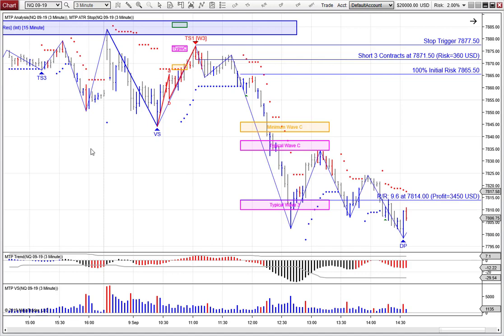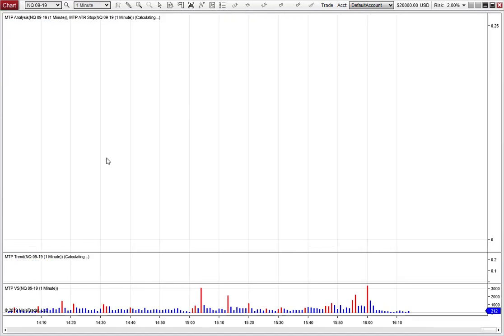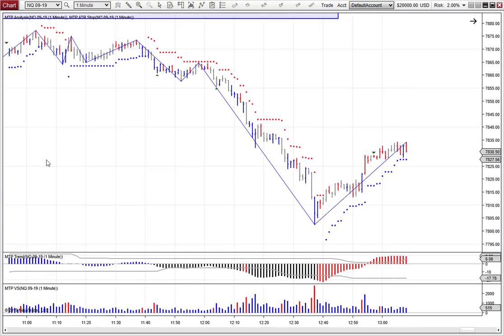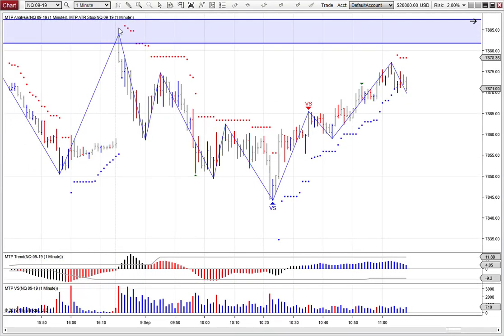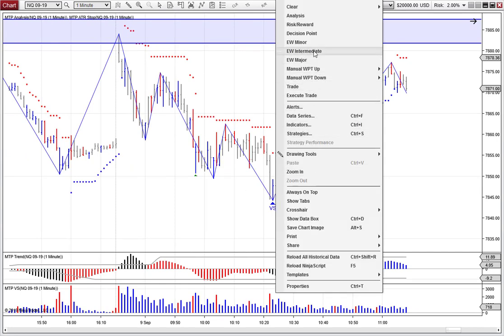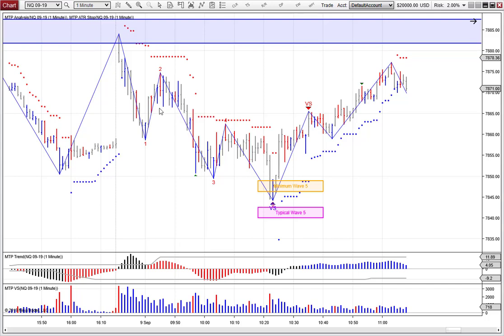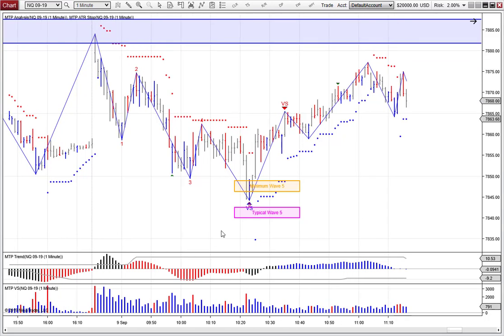Interestingly enough, for you guys who are really into Elliott Wave, if I actually go down to the 1-minute chart, this is quite interesting. Because if I scroll back and look at, there's the high of the day. The initial decline came down, and if I right mouse click here and do Elliott Wave Intermediate for our MTPredictor Elliott Waves, you can see how this initial decline down was 5 waves in the direction of the new trend.